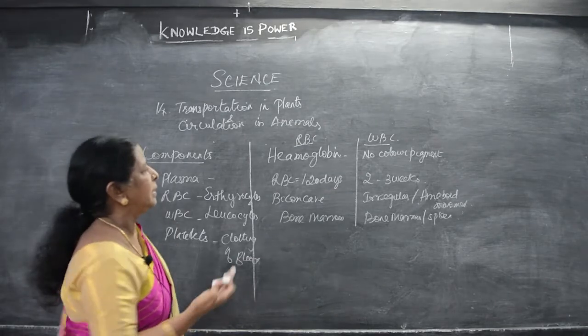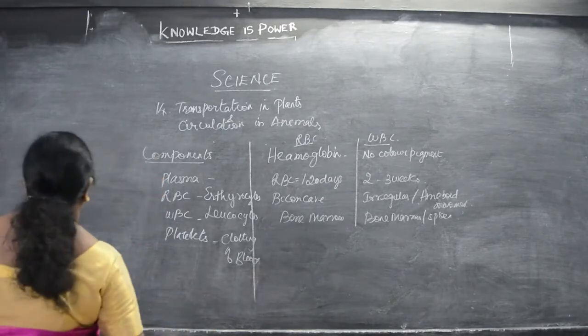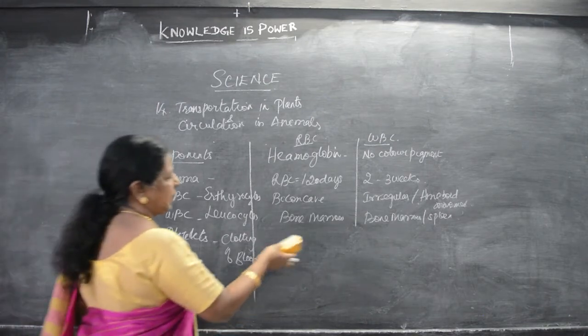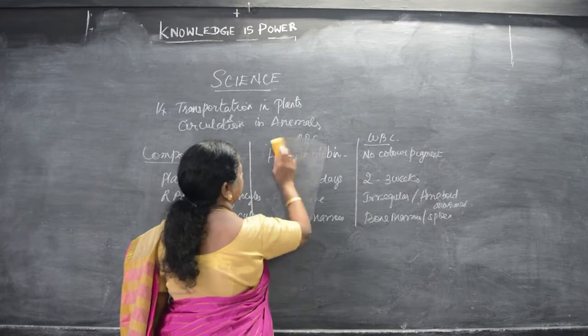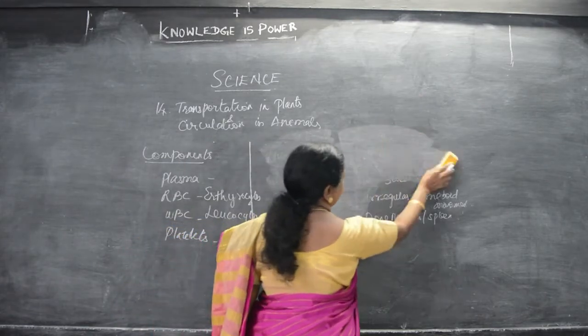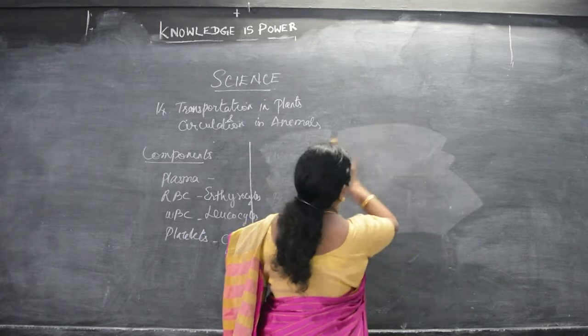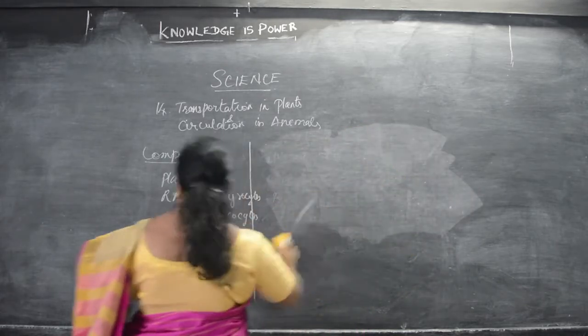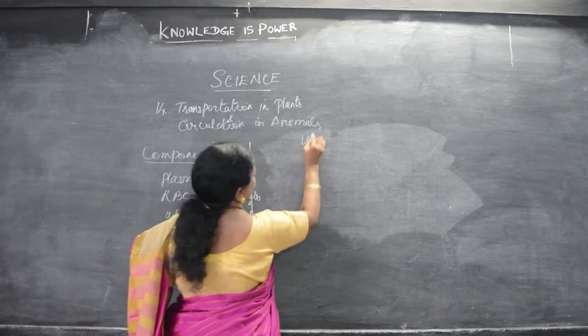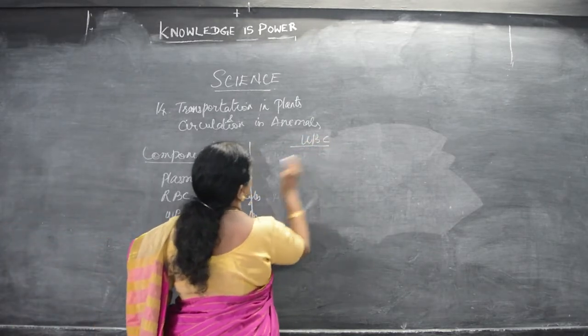Naturally, it has the capacity to reproduce the cells. For RBC there is only one kind, but for WBC there are 5 kinds. They are broadly granular and agranular, so WBC are of 2 kinds. We will see the classification of WBC.